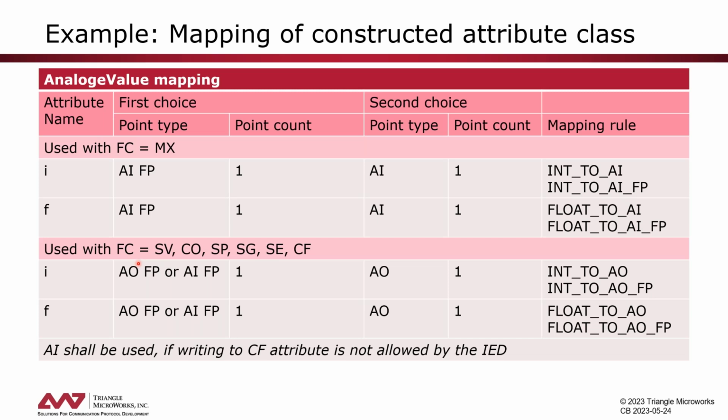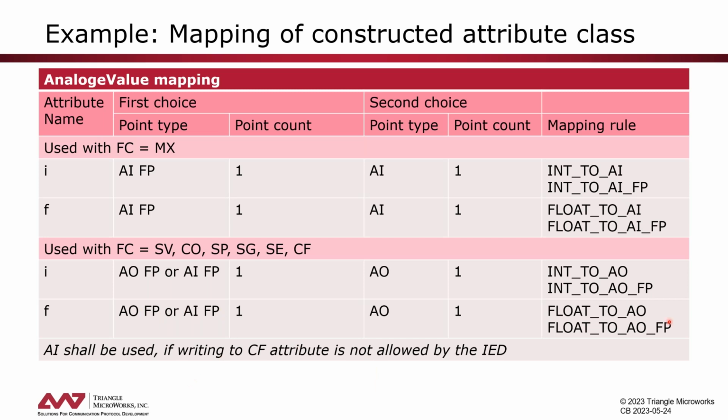However, IEC 61850 provides the possibility that an IED may have certain configuration attributes predefined and they cannot be changed. As an example, a deadband parameter could be a case where you have a predefined value and it cannot be changed. So in the case that it cannot be changed, which we can see in the ICD file from the device, we also will map it on an analog input.